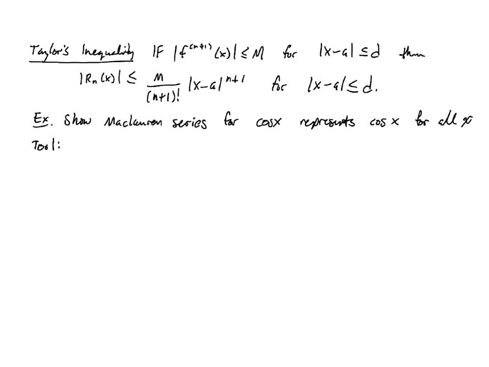So when we look at e to the x, its Maclaurin series is the summation n equals 0 to infinity of 1 over n factorial x to the n, and this has radius of convergence infinity. And that means that this series converges for all x.